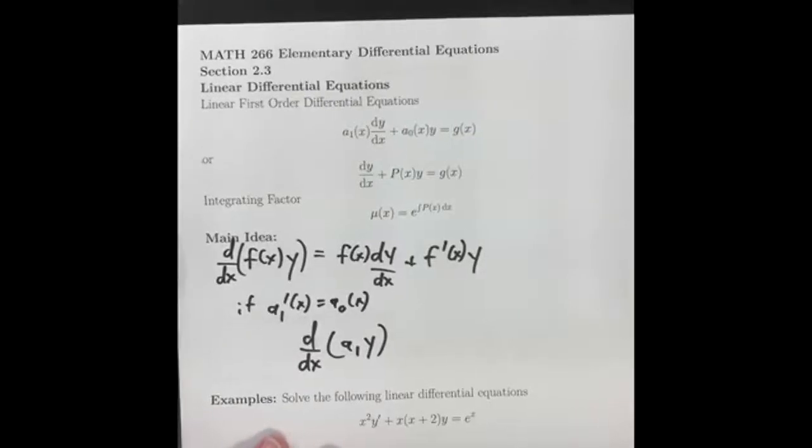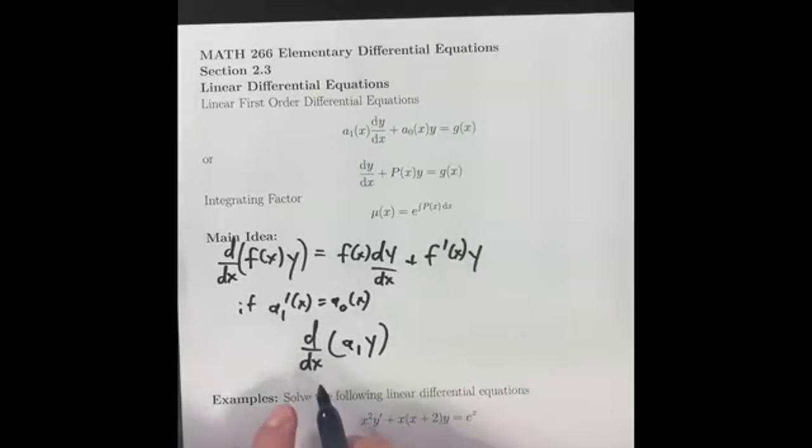Once the derivative is on the outside, that makes it easy to solve this equation because we know how to undo derivatives. We can integrate, or take the antiderivative, and that will undo the derivative, and then we can solve for y. So that's what we want to do.